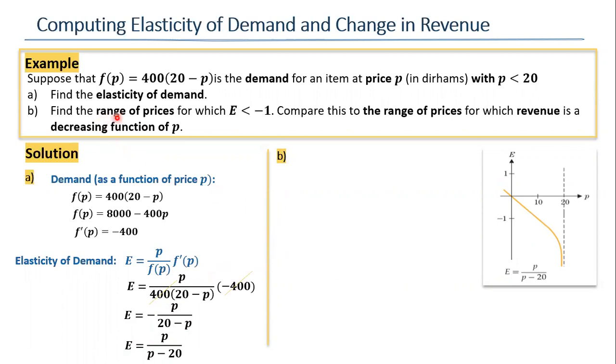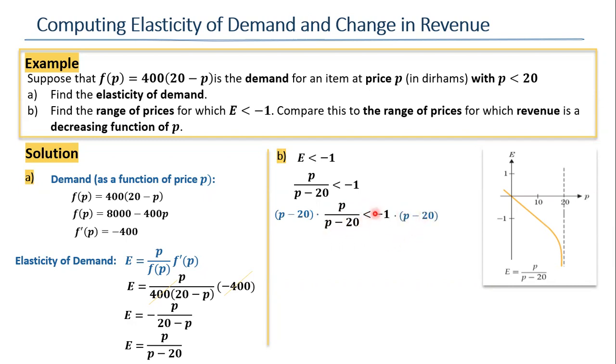Part B: find the range of price for which E is less than negative 1. We can replace E by p over p minus 20, so we'll get p over p minus 20 less than negative 1. We will multiply both sides by p minus 20 to eliminate it.